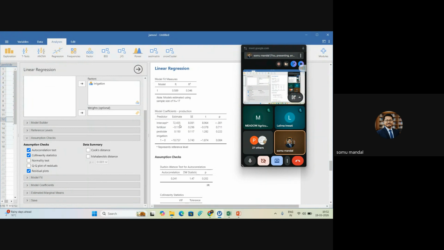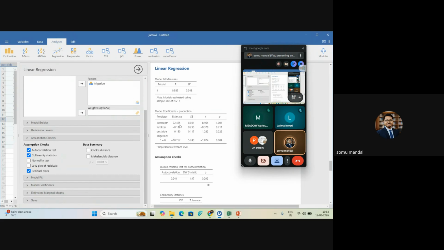rice is 72.44 kg per hectare. The software finds the initial value, the intercept value, the minimum output of agricultural production when you are not applying any kind of intervention in this particular study area.